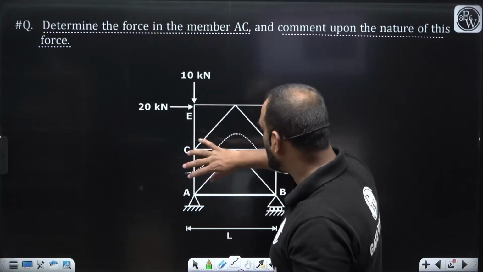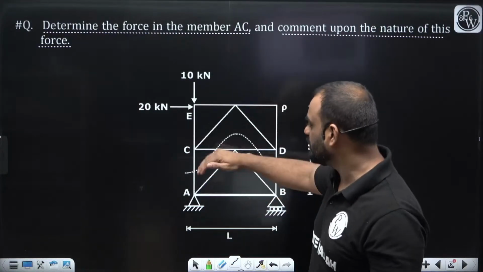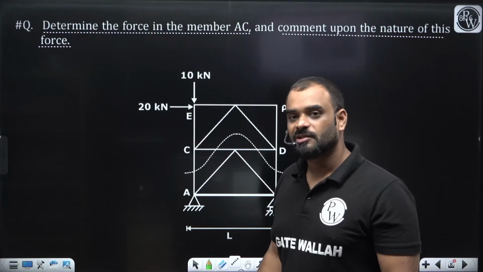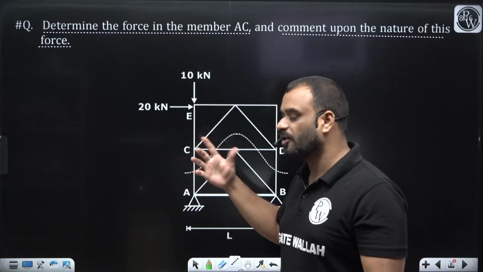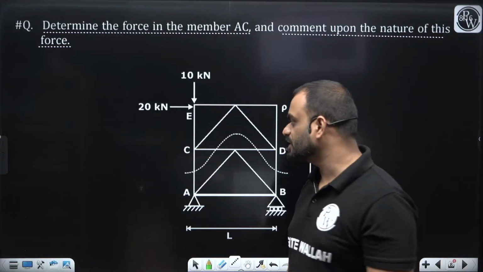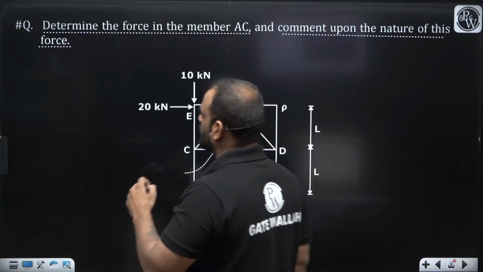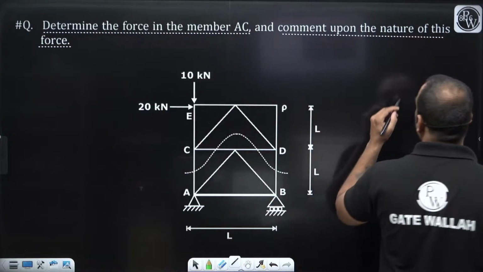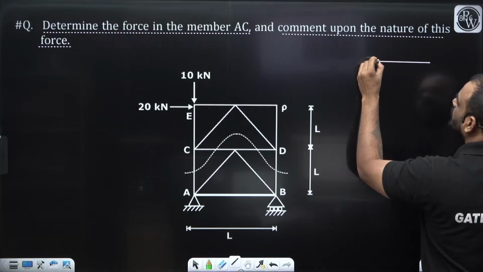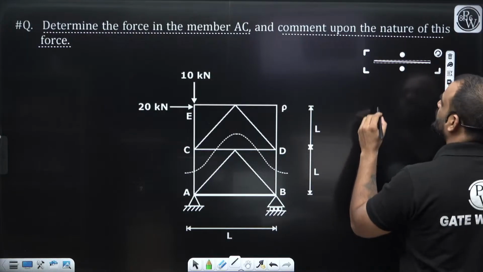But if I take the upper part of this particular section, it is very easy to get the answer for the AC member. So let me draw this particular portion of the structure separately. Then we'll try to apply the concept of method of section. Okay.